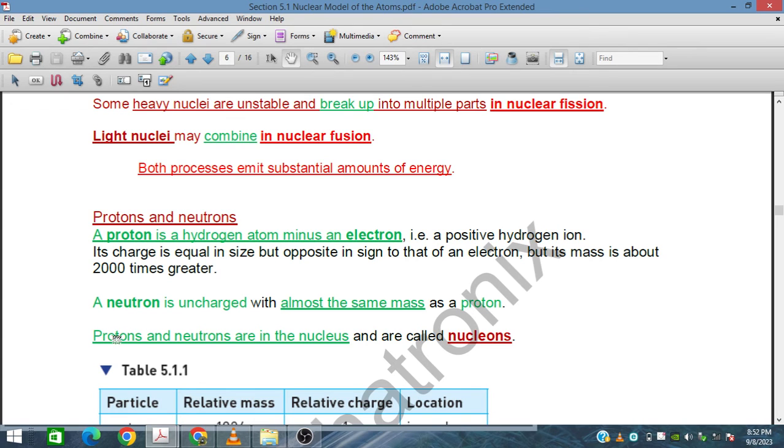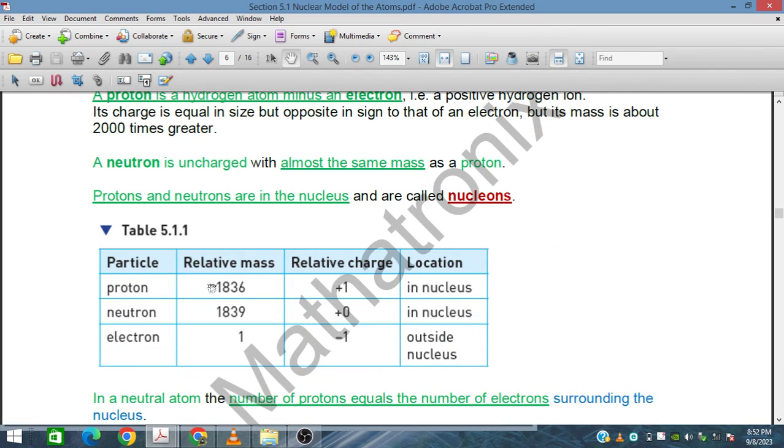The protons and neutrons in the nucleus are called nucleons.